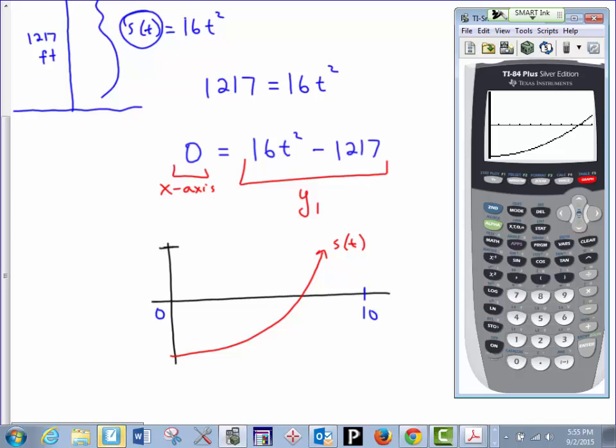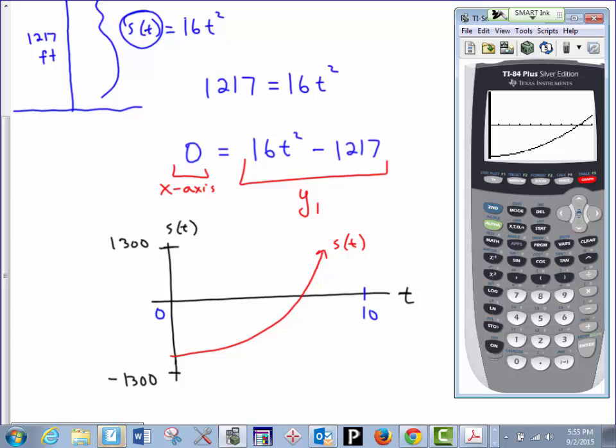And then we used 1,300 above, and down here this was negative 1300. So just label those particular values. The horizontal axis would be the time axis, the t-axis, and then s of t would be the y-axis.